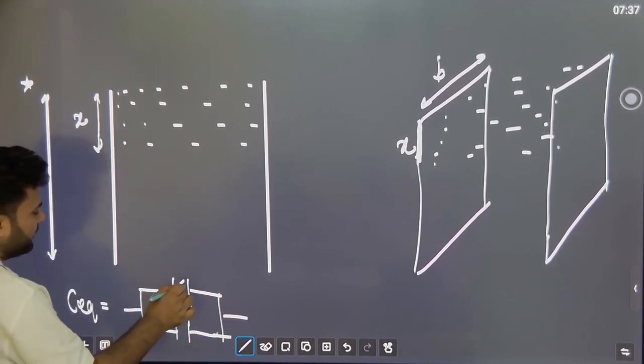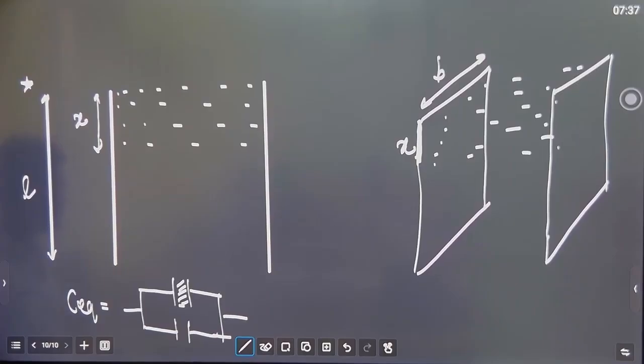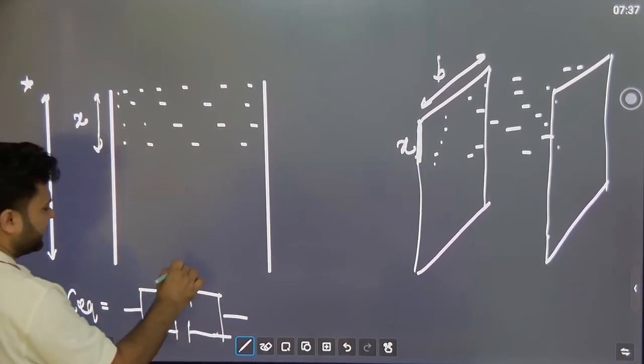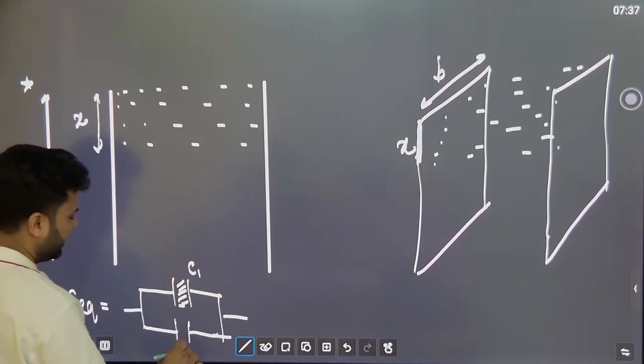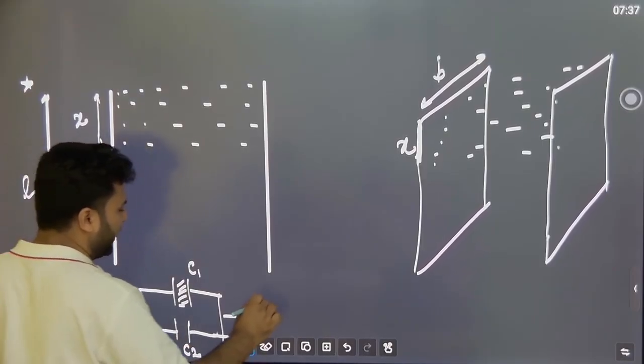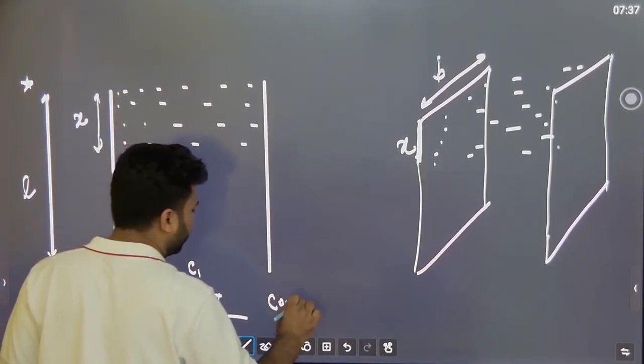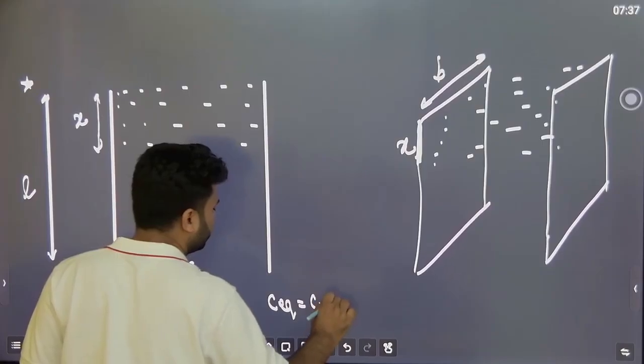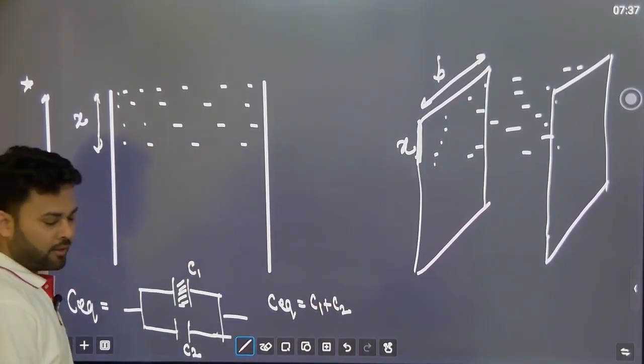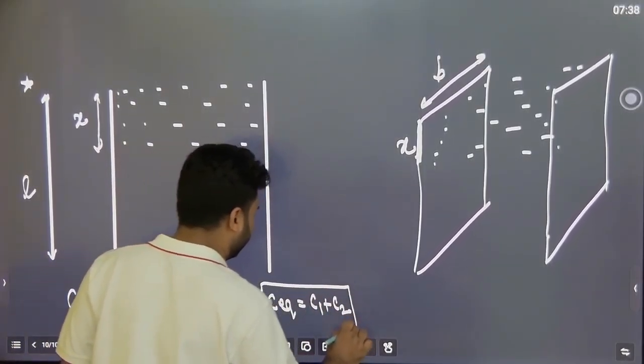So this capacitor is filled with dielectric. But this capacitor is not filled with any dielectric. This capacitance you write C1. This capacitance you write C2. So what will be C equivalent? Because they are in parallel, C1 plus C2. Now the main concern is what is C1, what is C2.